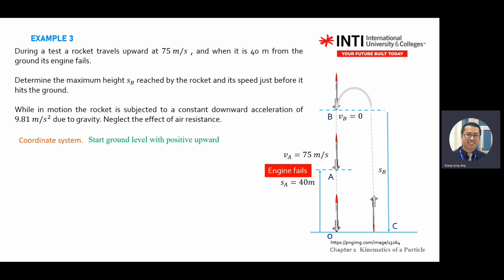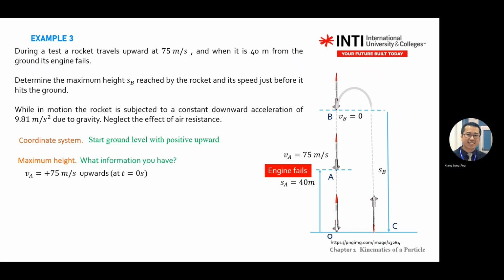So from ground level, go up positive, throughout all the solution. You don't go up positive, then halfway change go down as positive. Don't. For one question, the whole question you set one coordinate system. If you set go up positive, then everything you solve for this diagram is fixed already. You don't change halfway.